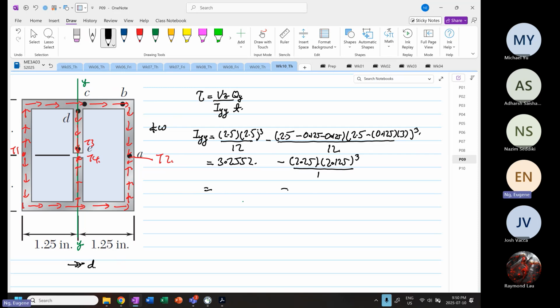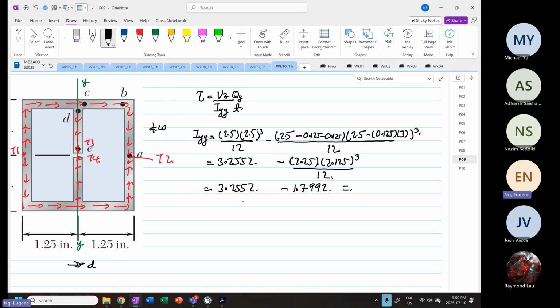Now we get a more realistic value, because it cannot be a small number minus a big number, something's wrong. So 2.25 times 2.125 to the power 3 divided by 12 is equal to 1.7992.